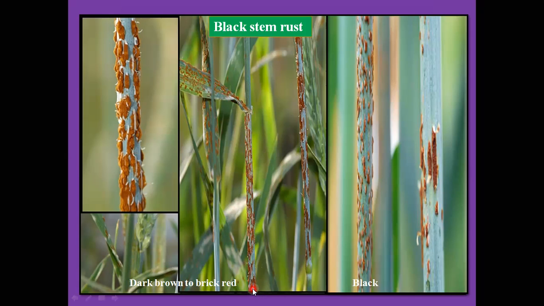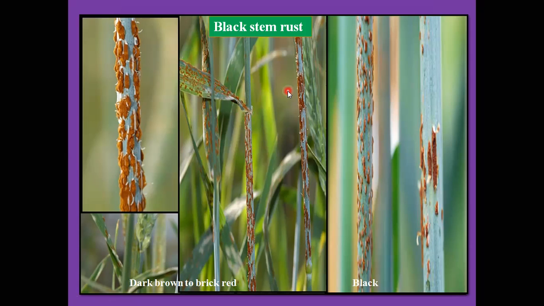After the actual entry of the Puccinia pathogen into the wheat plants, the epidermis layer breaks down to produce spores, and these spores or pustules emerge through the broken epidermis.